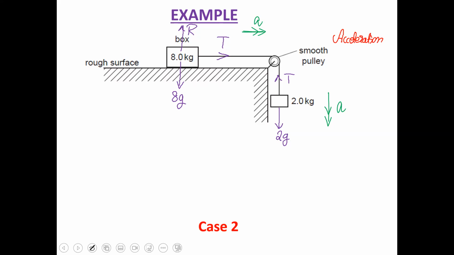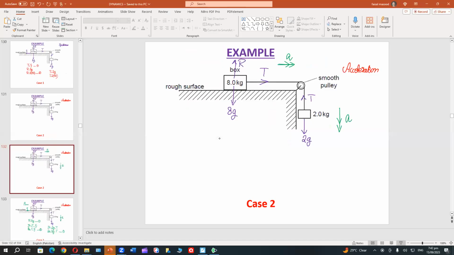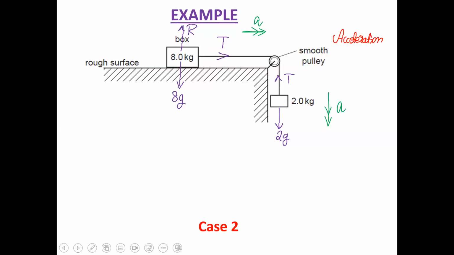Now, you people have to tell me the equations. Remember the formula, greater force minus smaller force is equal to MA. I have put my question mark.